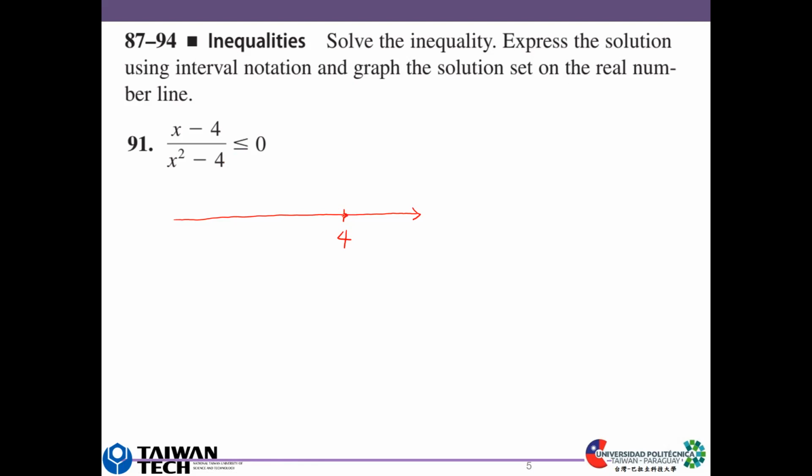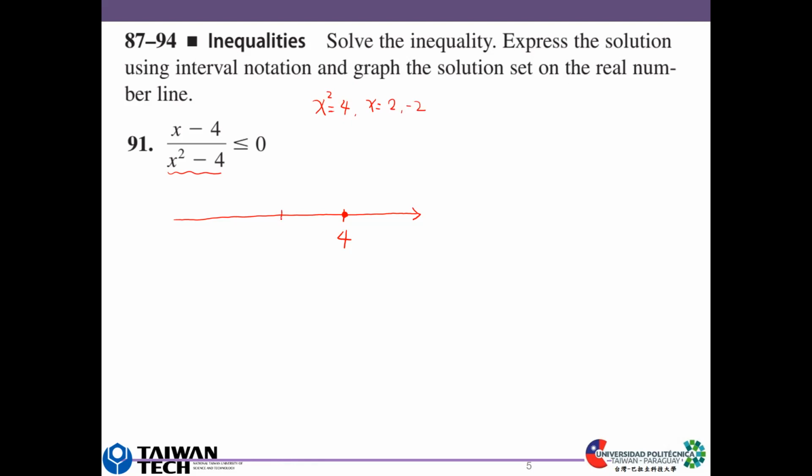So it's a solid dot. And when x squared is 4, 4 minus the denominator will be 0. And as we know, when the denominator is 0, this is undefined. So we need to mark these points on the line. So x squared equals 4, x should be either 2 or minus 2.